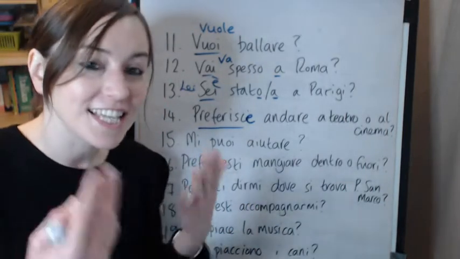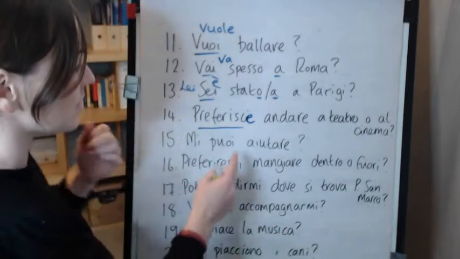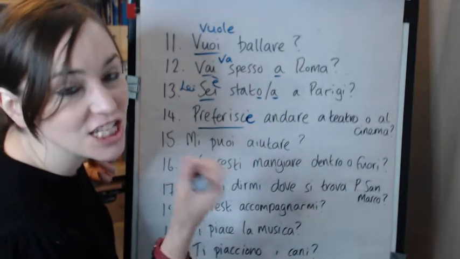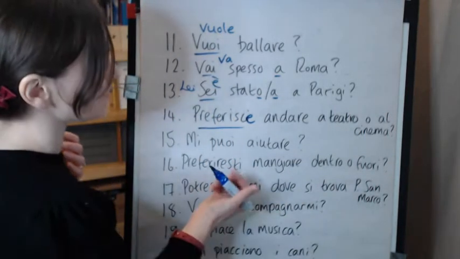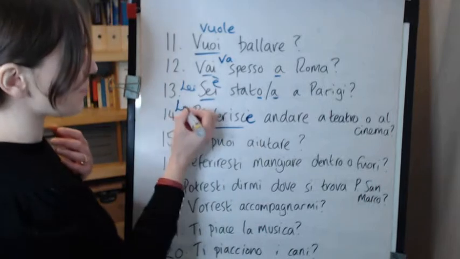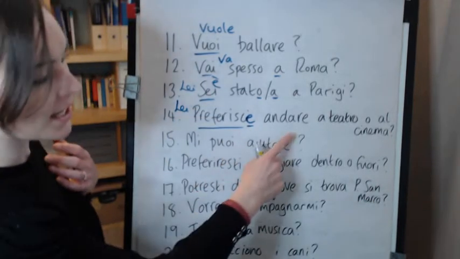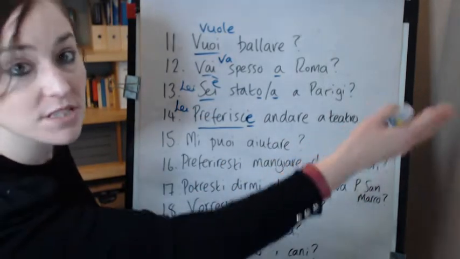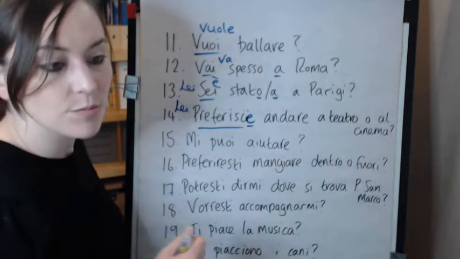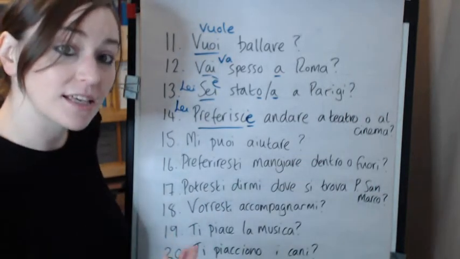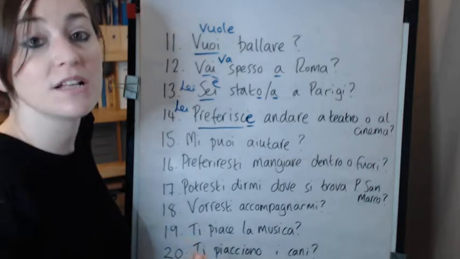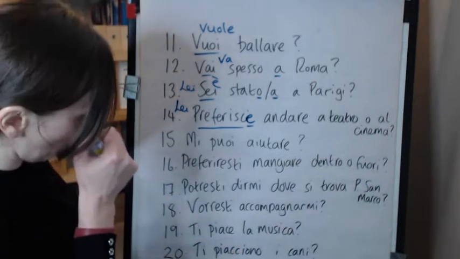So it's a similar conjugation. It's got this ish, isce, ishi ending at the end. Lei preferisce andare. Do you prefer to do something, something? You can change the ending. Preferisce il vino bianco o il vino rosso, for example.